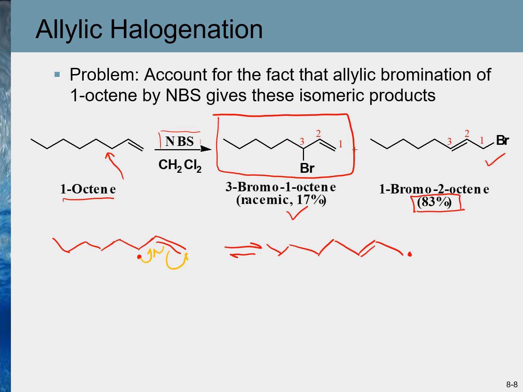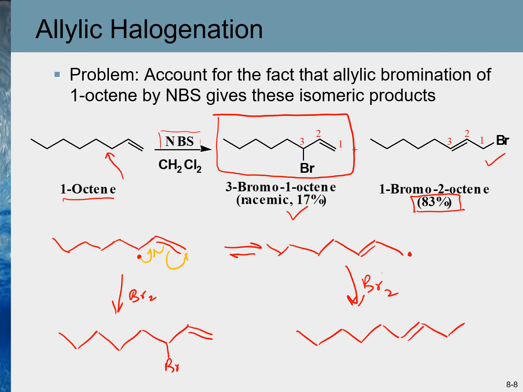So now both of these resonance structures can undergo substitution with bromine, and in this case we will get a product with bromo at the number 3 position, and the substitution reaction at the second resonance structure will give us a product where the bromo group is at the number 1 position.